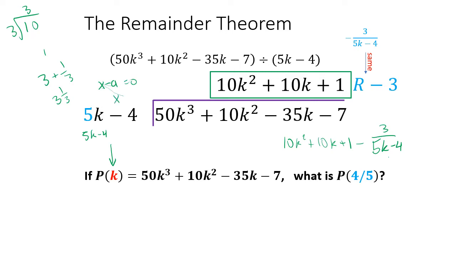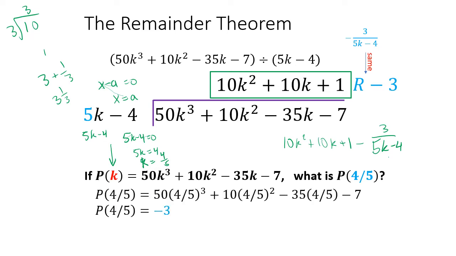So x minus a equals 0. If you solve that for x, you get x equals a. So in this case, 5k minus 4 is equal to 0. 5k would equal 4, so k would be 4/5. That's what I'd be plugging in, and I should evaluate this and get negative 3. And you see that that's what happens.